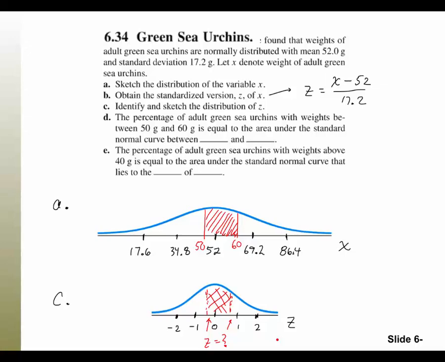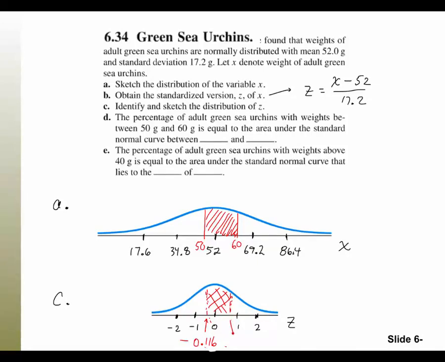So who got it? Yeah, Ninos. And how'd you get that? Right, so you're going to put the 50 in here to get the corresponding Z score for X equals 50. Tell me what it was one more time. Okay. Is that what you got, Danielle?